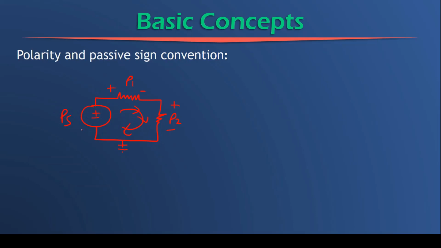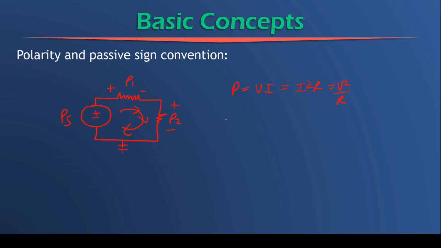So it's very important to take note of polarity as well as how you would go about determining the actual values of power. So we know power is equal to VI, which is equal to I squared R, which is equal to V squared over R.